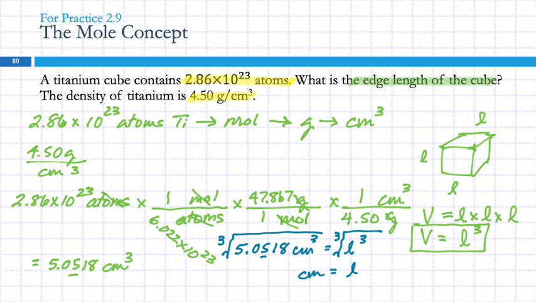Now, how you do this on your calculator depends on your calculator. So for the TI-36X Pro, I'm going to press 3, and then there's a button that looks like this. Press that button. I put in the root I wanted first, 3, and I press that button, and then I type in the number 5.0518, and press equals. Sometimes it's an X instead of a square.